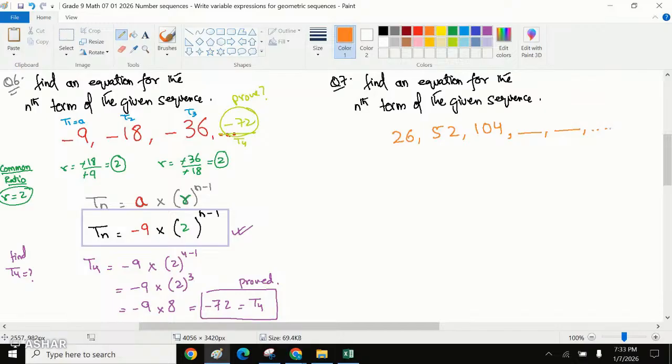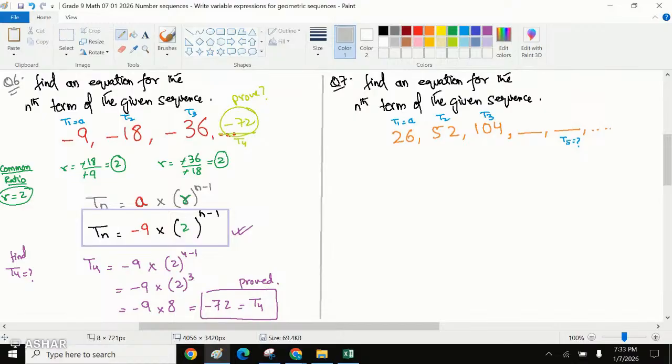So this is term number 1, which is represented by a, term number 2, term number 3, and let's suppose we need to find term number 5 after we are done with finding the nth term.